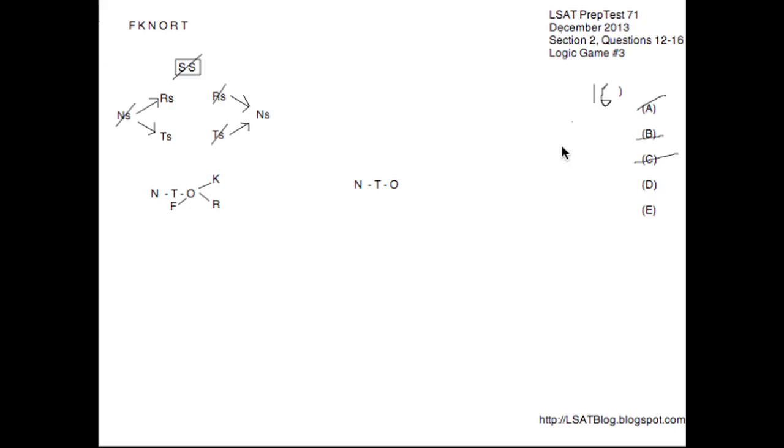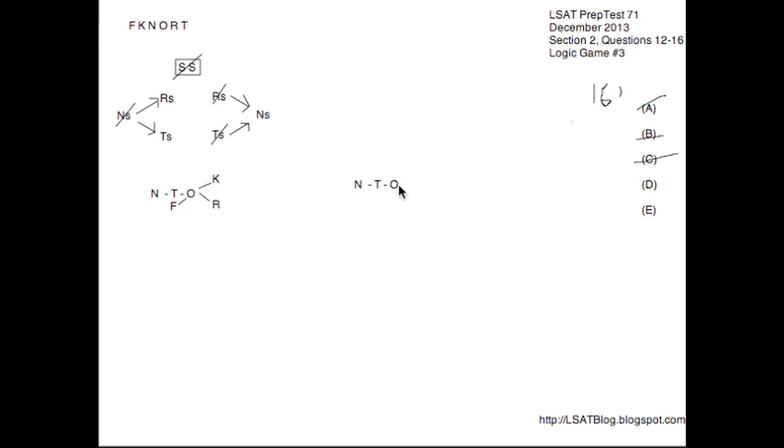Looking at D, K and R consecutive and O fourth. That works out great because K and R, of course, do have to be consecutive on 5 and 6, and inserting O to be fourth restricts them to come later because F is going to have to come earlier than K and R, in order to allow room for there to be two consecutive open spaces going somewhere in the game.